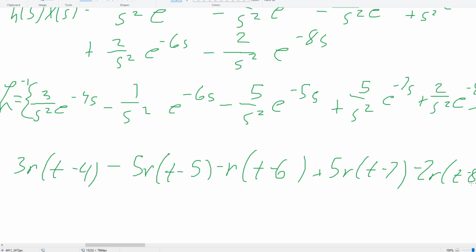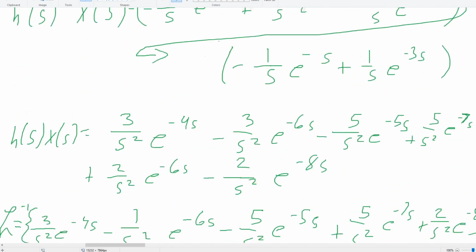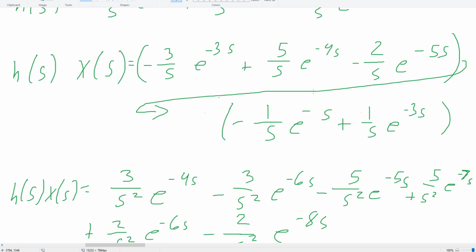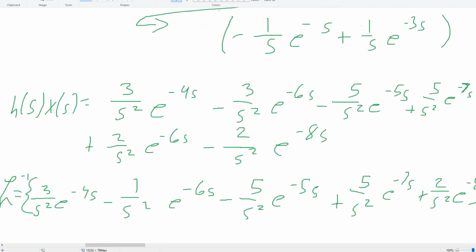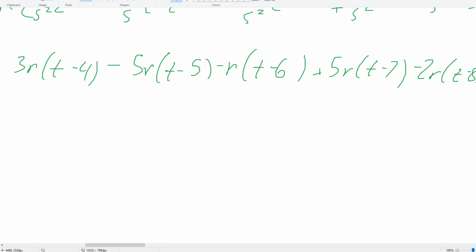Right? So really, not that hard of a problem, just a lot of writing, and when you have to do this multiplication over here, that might get a little bit confusing, but just do your best. This one's really not that bad of a problem.